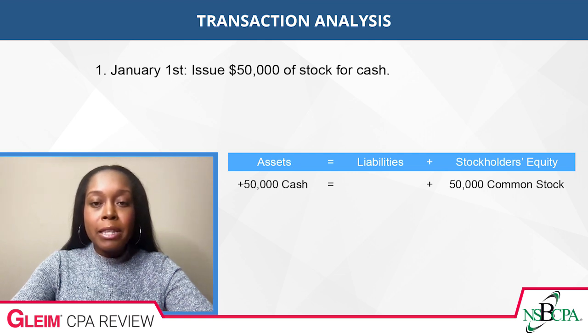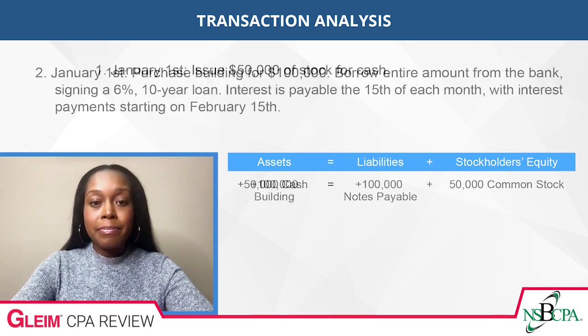We receive $50,000 cash, so the assets, specifically the asset cash, will increase by $50,000. The company stockholders' equity, specifically the account common stock, will also increase $50,000. After this transaction, the accounting equation is in balance.